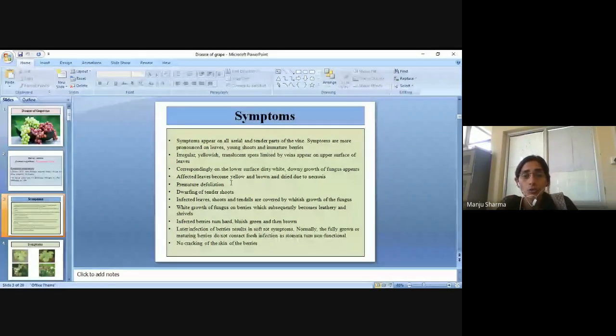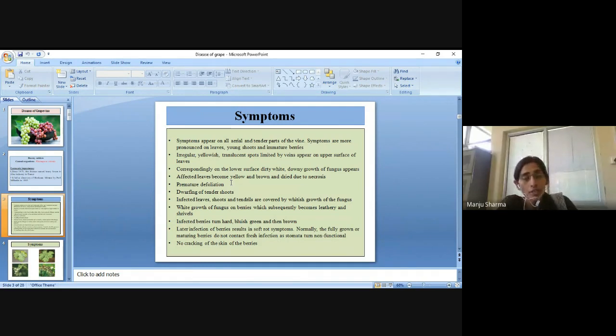Infected leaves, shoots, and tendrils are covered by whitish growth of the fungus, and we can easily see the fungus because it is white in color. White growth of fungus on berries subsequently becomes leathery and shrivels. Infected berries turn hard, bluish green, and then brown.